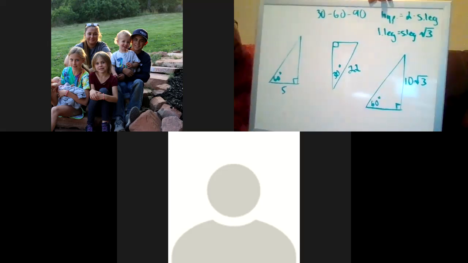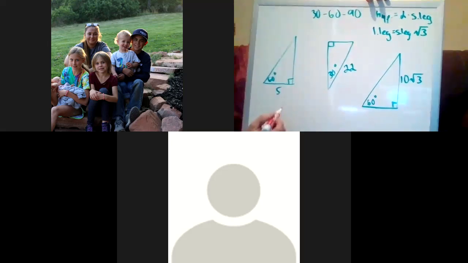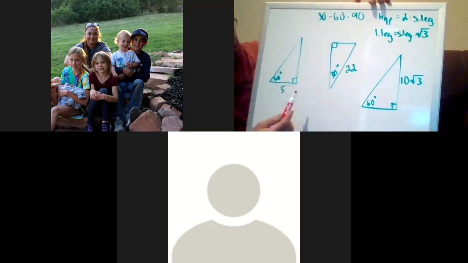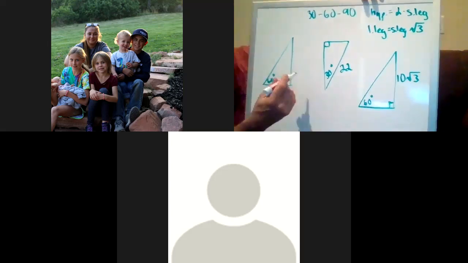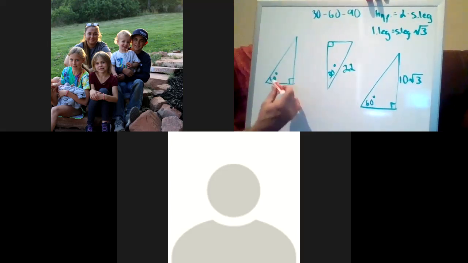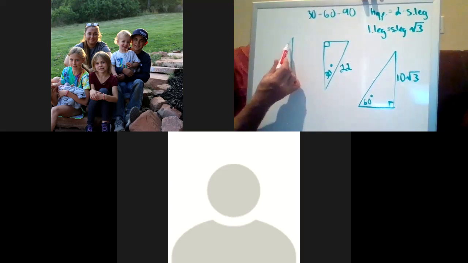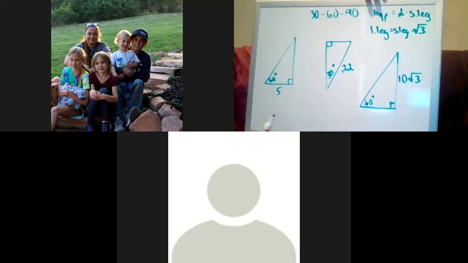Go ahead and start filling in some answers here. So, for special right triangles, we first want to identify, is it a special right triangle? And I've got 60, 90, it means this has to be 30. Yep, it's the 30, 60, 90 example. So which of the 3 sides do I have?